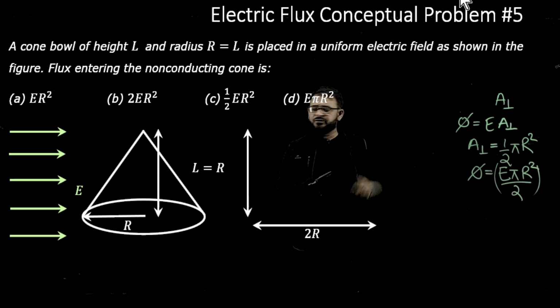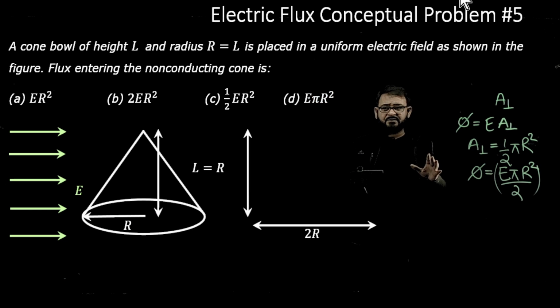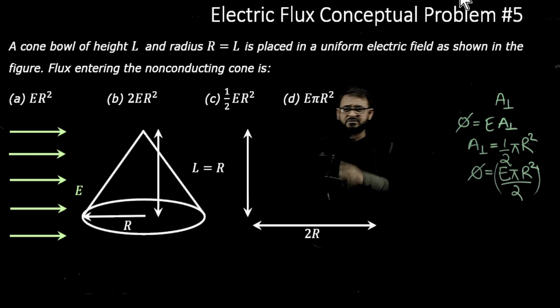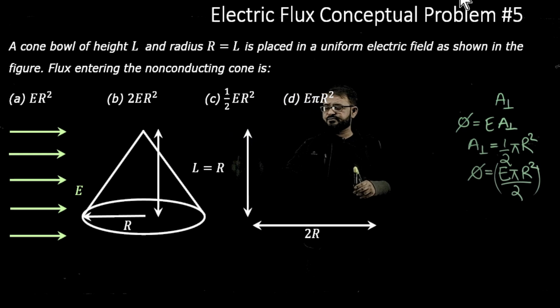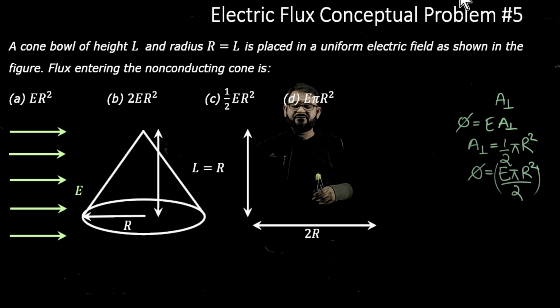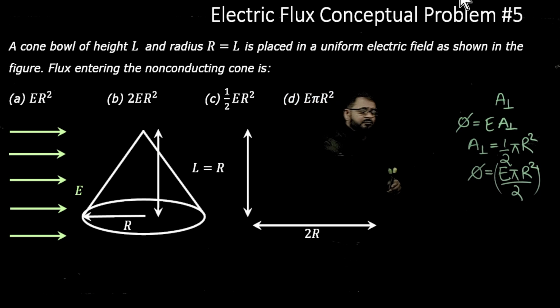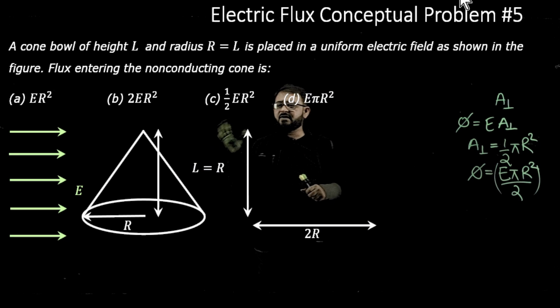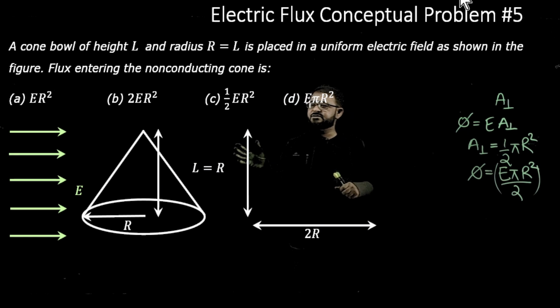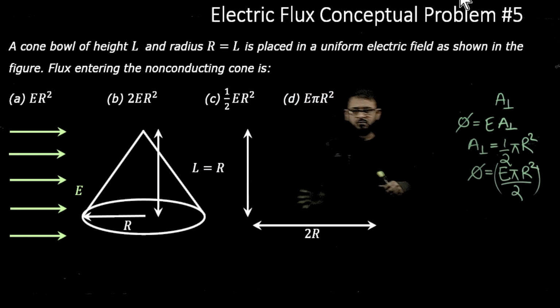I think this is going to be our last conceptual problem. These problems were specifically based on a uniform electric field, and we placed objects of different shapes. Now here you have a cone. The question asks, what is the flux entering through this non-conducting cone?